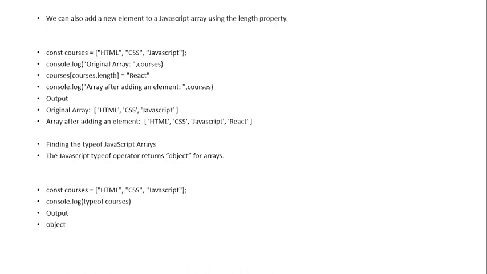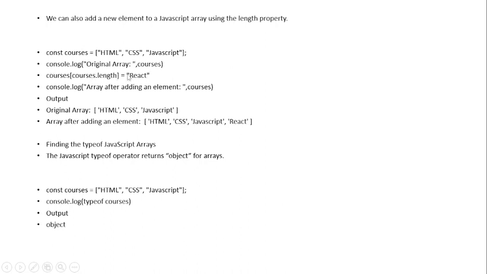In this slide, we are going to add a new element to a JavaScript array using the length property. By means of the length property, you are going to add an element. The original array is displayed with the help of the array name courses, and the output will be HTML, CSS as well as JavaScript. In the next line, you can see courses of courses dot length is equal to React.